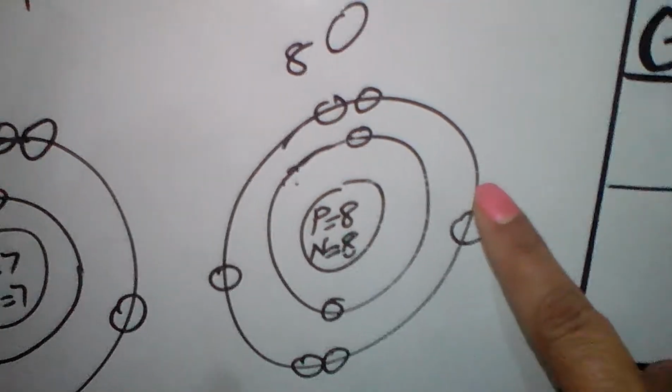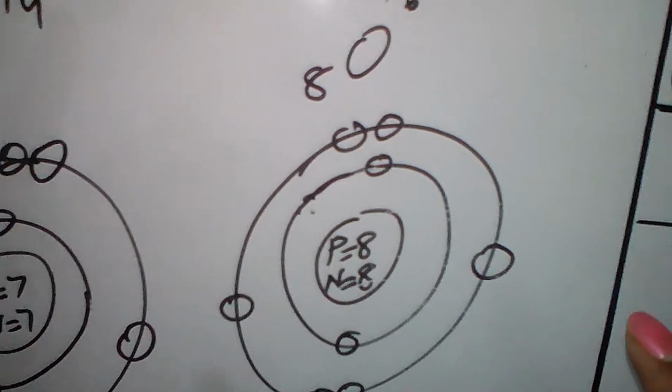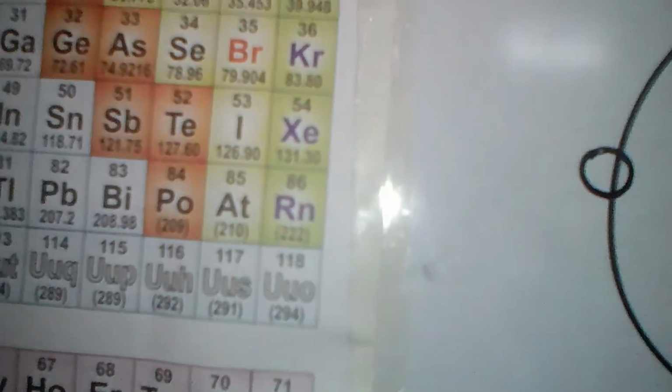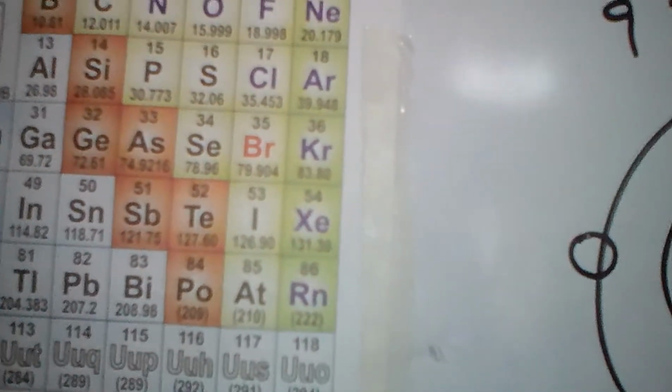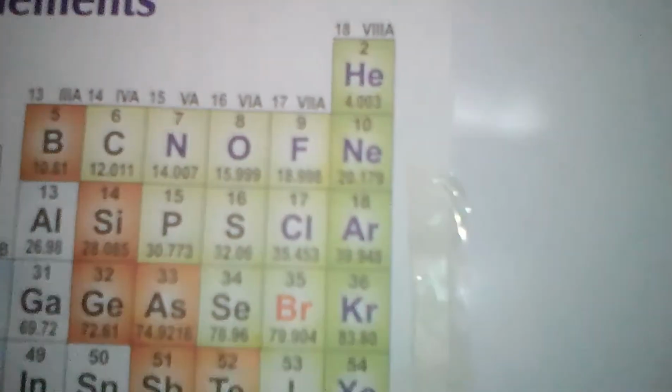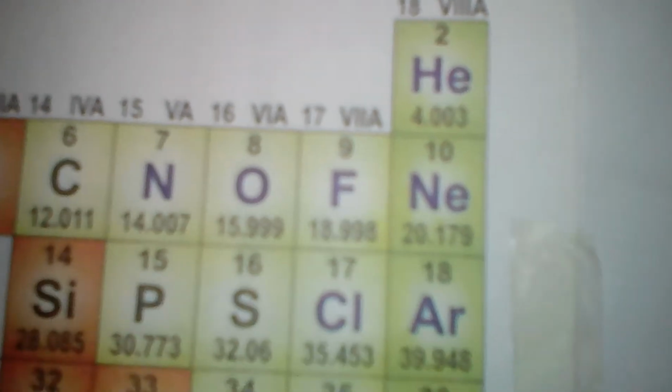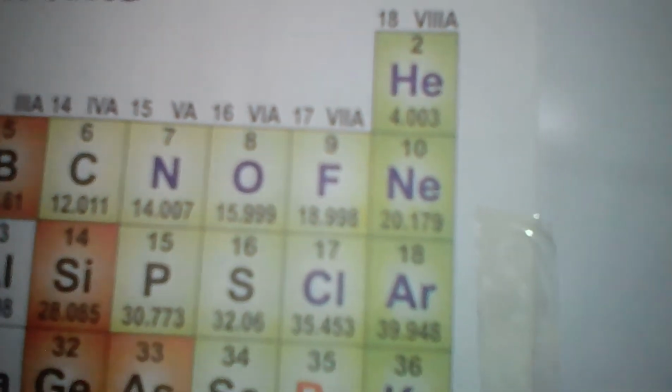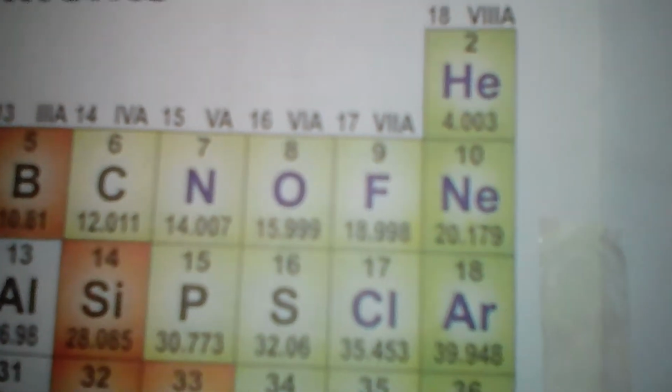Similarly, group 6A contains oxygen, sulfur, selenium, tellurium and polonium. All of them should have 6 electrons in the valence shell. We will take the example of oxygen.